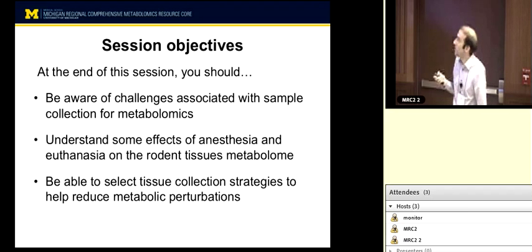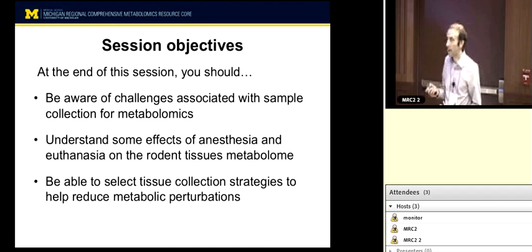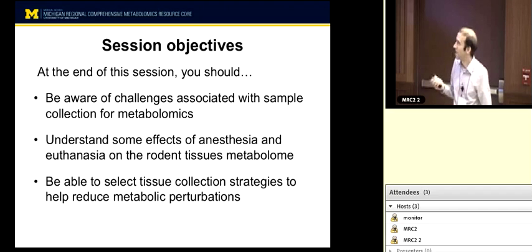So if you're looking at blood and you see a change in lactate levels, is that coming from the skeletal muscle? Is it coming from the liver? Is it coming from both of them? You might not know. If you see a unique metabolite, you may not know what the organ level origin of that is. You just know that something has changed.